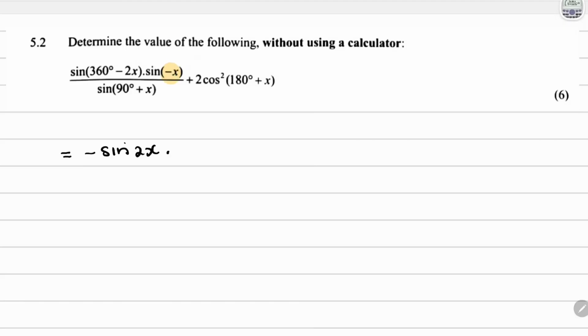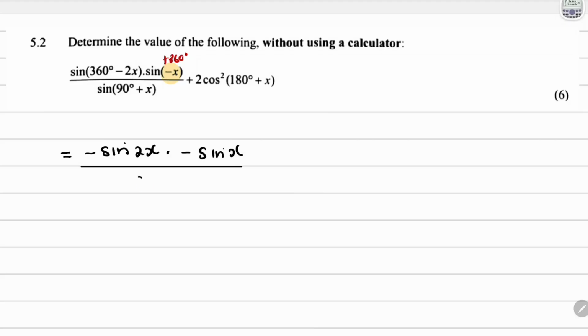X represents your angle, which means your angle is negative. When your angle is negative, you need to add 360 degrees. And so what really happens is that becomes sine 360 degrees minus x. And if you simplify this, because it's in cos's quadrant and sine is negative there, it becomes negative sine x. Okay, all over. And over there, you see that you have cofunctions. Remember your cofunctions?